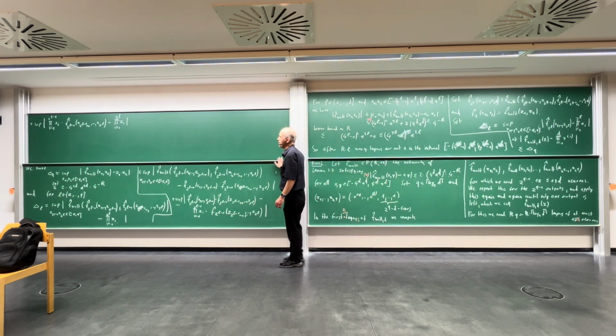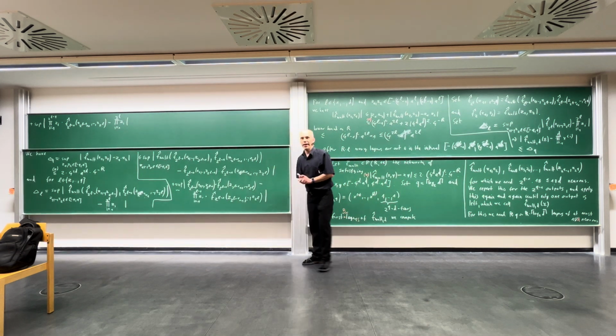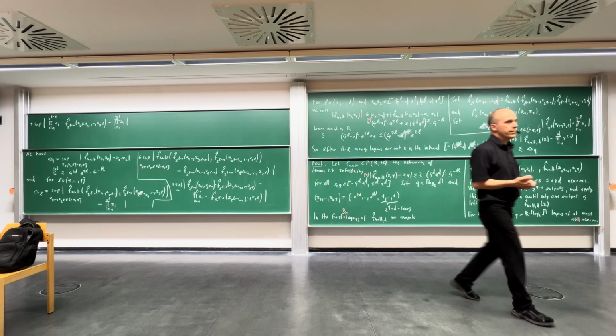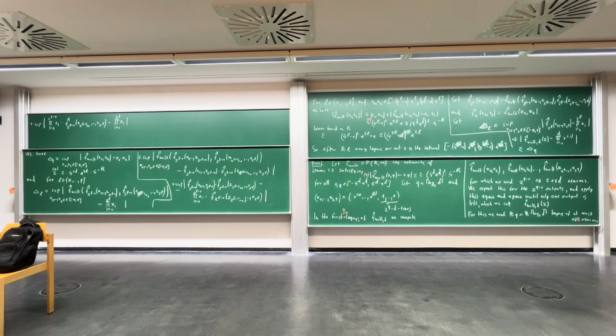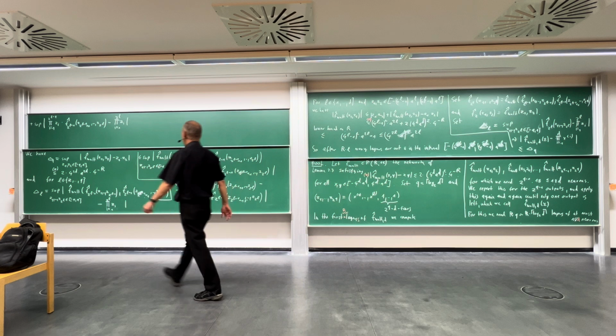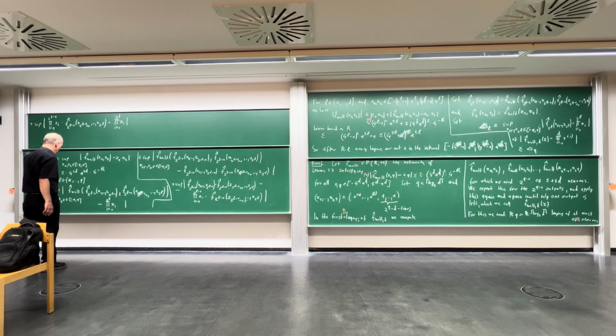Now I claim you can easily bound each of the three terms which we have. And I think there's an error because I don't want to make this until... Do I want to make it until Q?